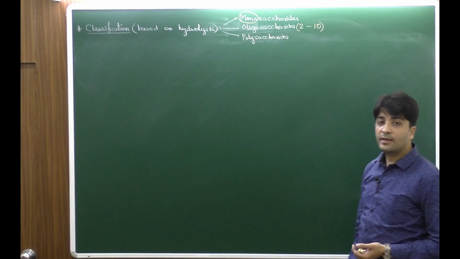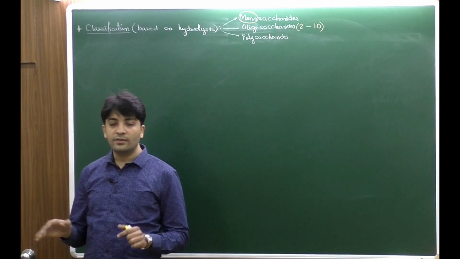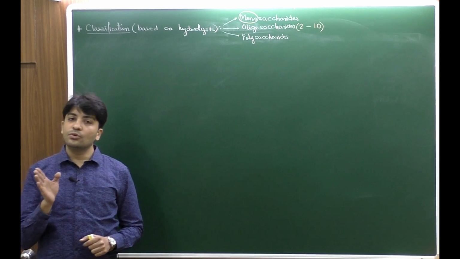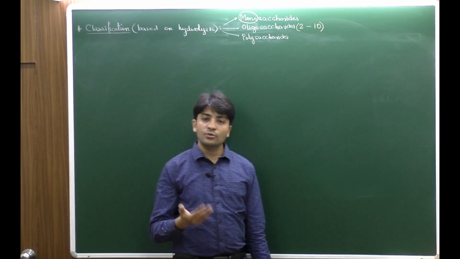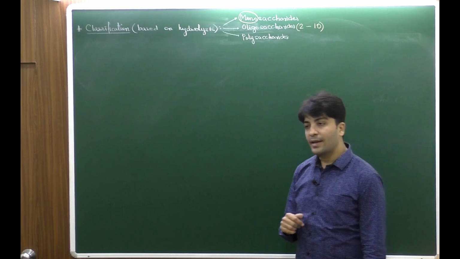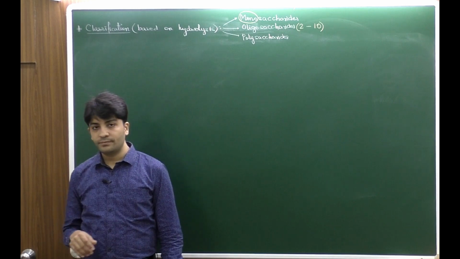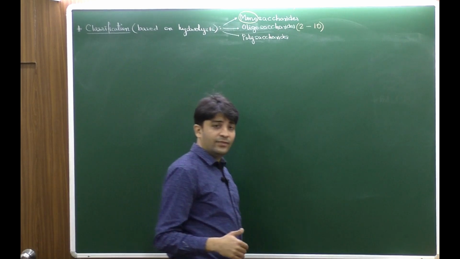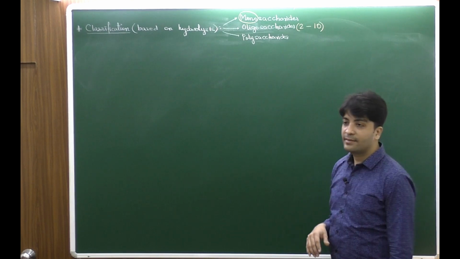If they produce 2 units, they are called disaccharide, 3 units trisaccharide, 4 units tetrasaccharide, and so on. Next, if it is 11 or more than 11, then they will be simply called polysaccharides.